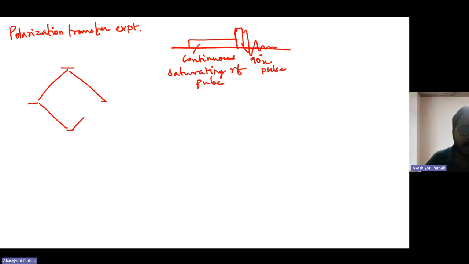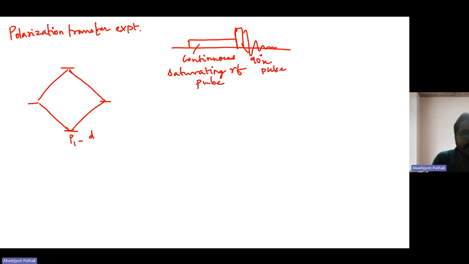The population difference is under the influence of this continuous saturating pulse. We try to saturate the populations existing in the different energy levels. So the population difference becomes zero. The net population difference between these spin states becomes zero.